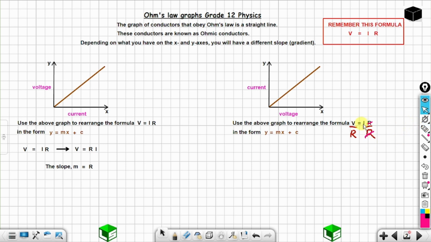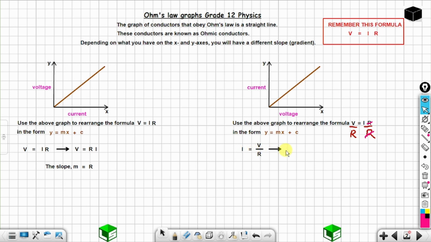Now you have current is equal to V over R. You make current the subject of the formula, and you can rearrange it so that you can see clearly what is your y, what is your m, what is your x.